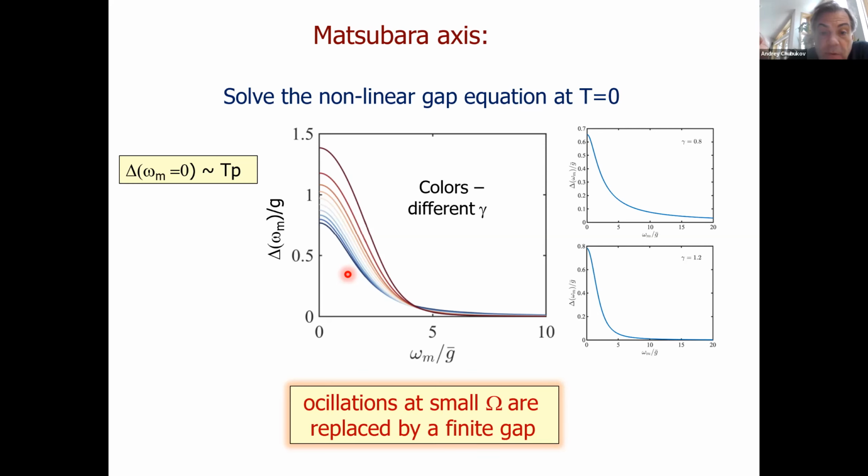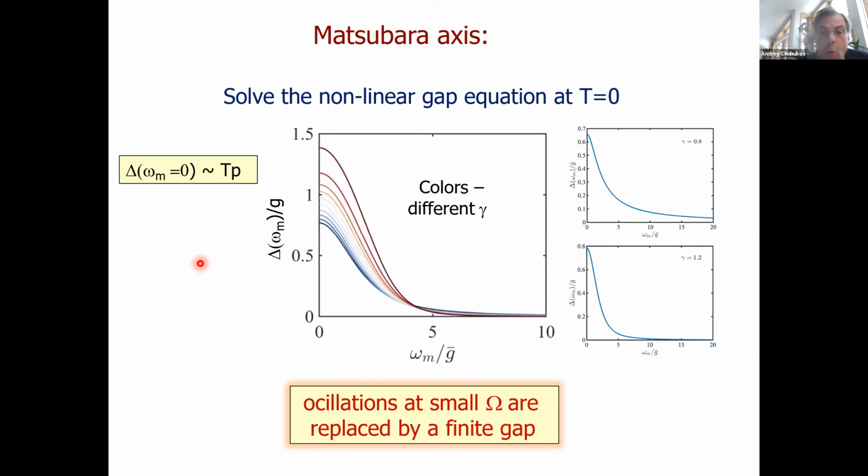It turns out that in the nonlinear equation, a constant gap eats up all these oscillations. And the scale which we extracted before is actually the scale of the pairing gap. It's of the same order as the instability temperature, which you expect in any kind of theory. Yes, there is a ratio of 2 delta over T_p, which is not the BCS number, but some constant number anyway.